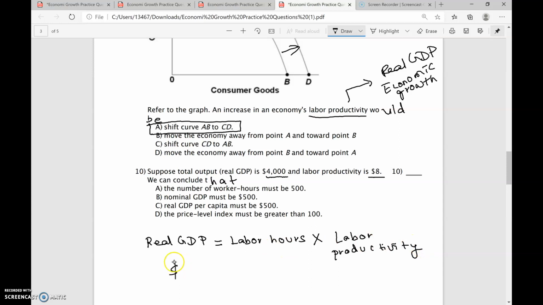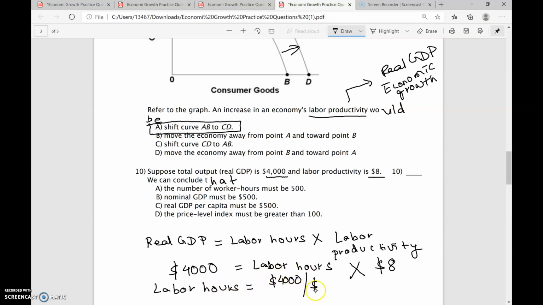Real GDP is 4,000. Labor hours is something which you need to find out. Labor productivity is $8. So the labor hours is equal to 4,000 over 8. This is equal to 500. This is my answer to this question.